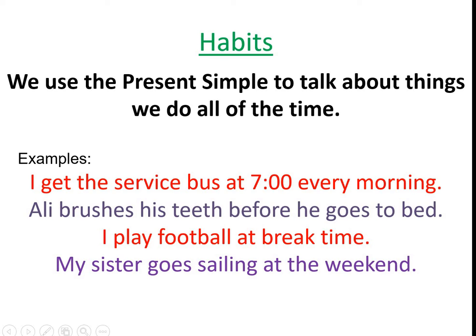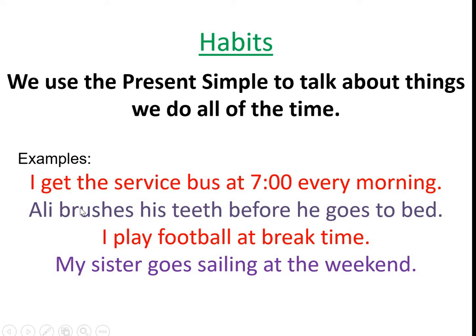So here it's in positive, affirmative sentences. Here, I get. So here the verb, we don't put anything to the verb. Why? Because the subject here is plural. Ali brushes. Here we put ES because the verb ends with SH. So if the verb ends with SH, we put ES.